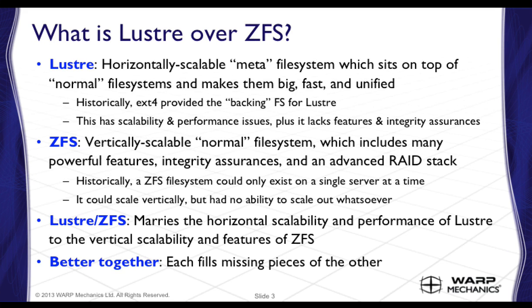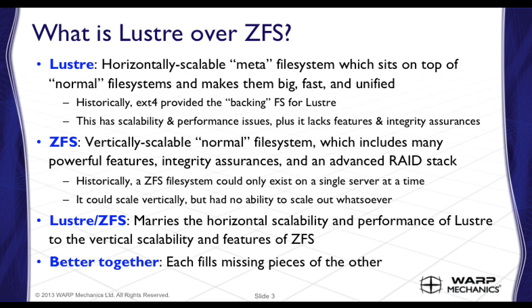What is Lustre over ZFS? Well, Lustre is a horizontally scalable file system, as pretty much all of your listeners are already aware. It sits on top of normal file systems. So I call it a meta file system, a file system of file systems. Lustre is a file system built on top of other file systems.